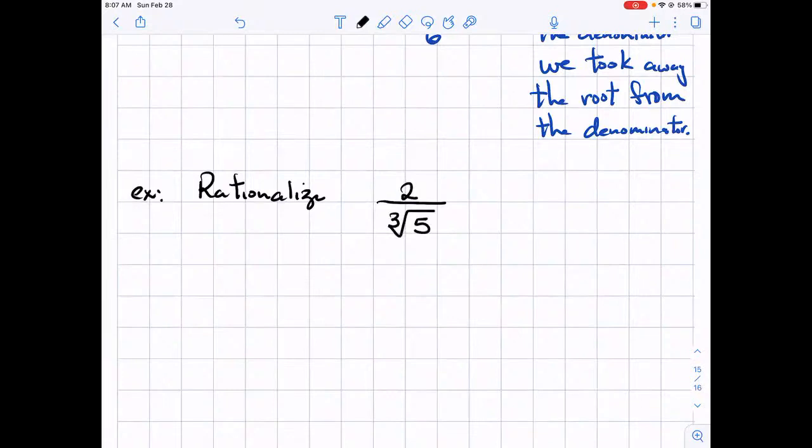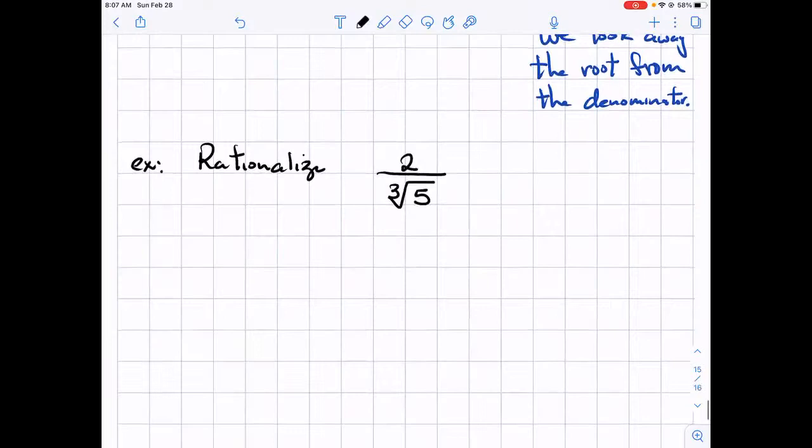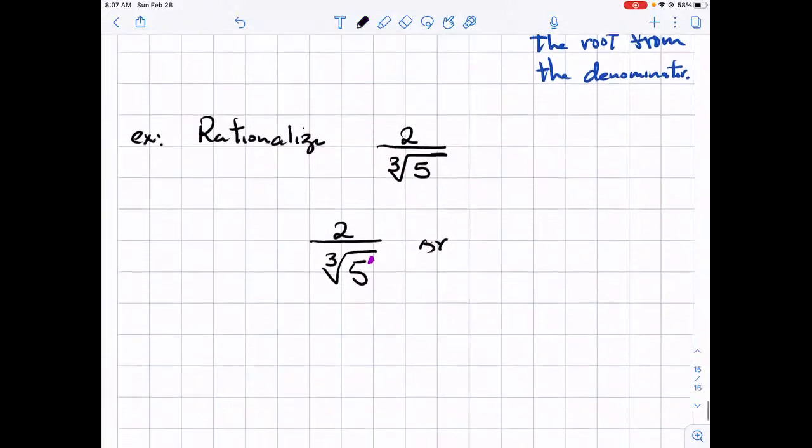Now we have to be careful. We have to be very careful, because remember here, 2 over the cube root of 5, there is a 1/3 power here. Or we can write this as 2 over 5 raised to the 1/3 power, right?